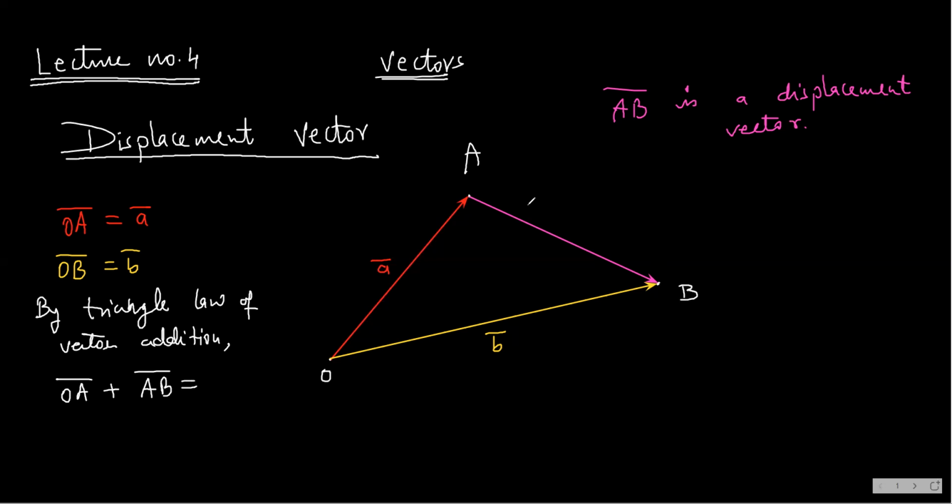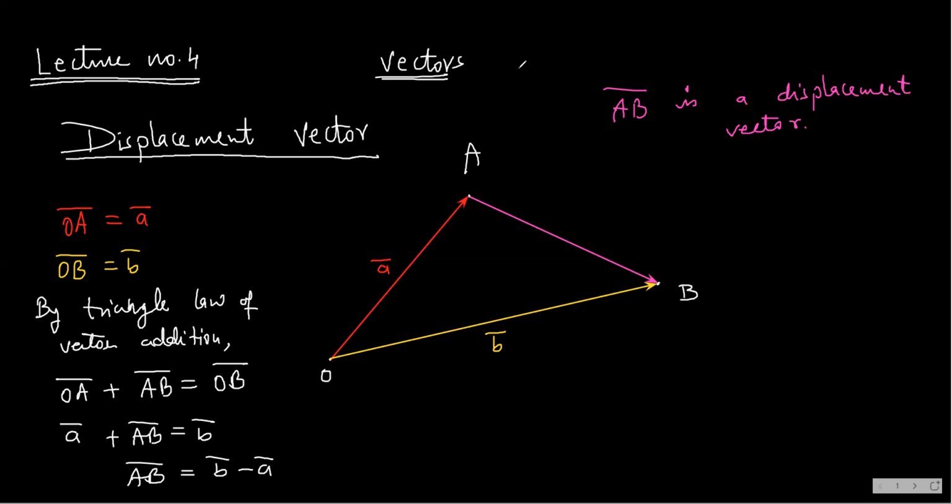OA bar plus AB bar is OB bar, since going from O to A to B is the same as going from O to B. That is, A bar plus AB bar equals B bar. So you have AB bar as B bar minus A bar.